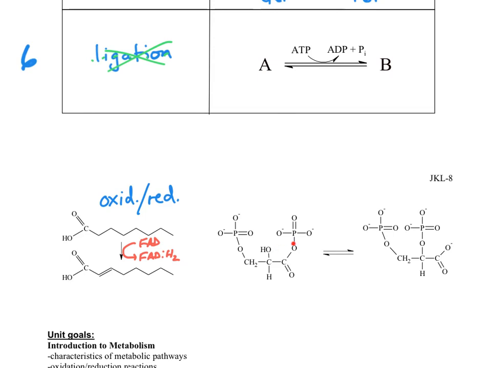What about this one over here? This is tricky because what we're doing, if you look at this, you always got to look at what's changed chemically. And this one messes people up a little bit. This phosphate group right here is being moved over next door. A lot of people guess that this is a group transfer.